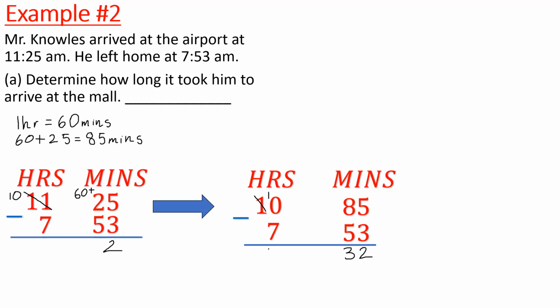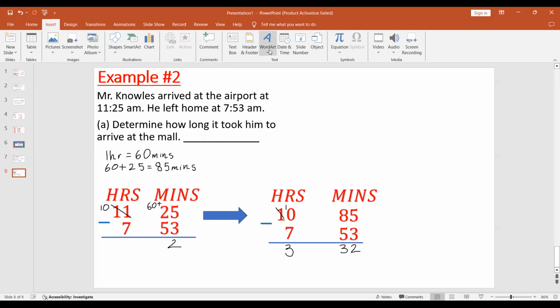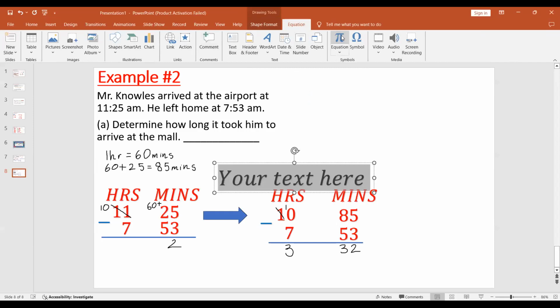10 minus 7 is what? 3. Very good. So how long did it take him to arrive at the mall? 3 hours and 32 minutes. Again, how long did it take him to arrive? 3 hours and 32 minutes.